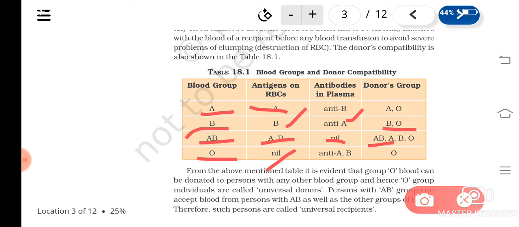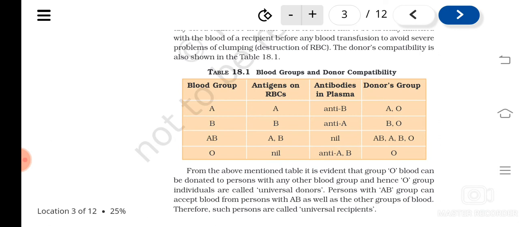From the above chart, you can understand that persons with O blood group can donate blood to any other group, so it's known as the universal donor.